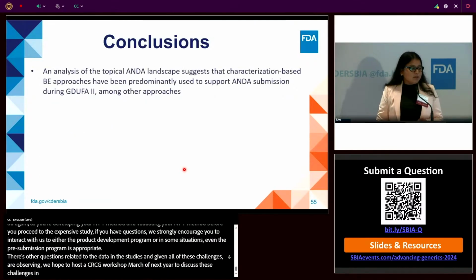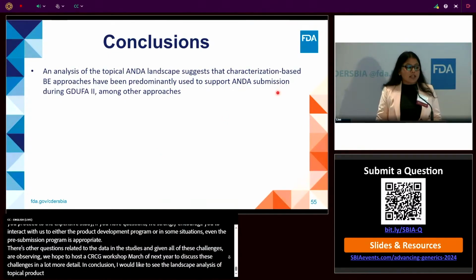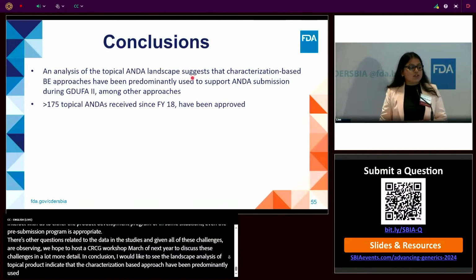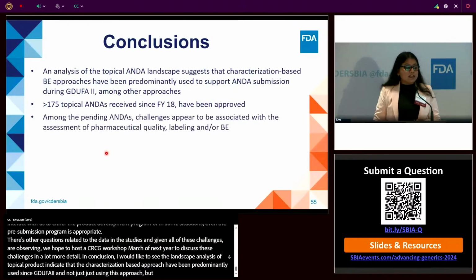So in conclusion, I would like to say that the landscape analysis of the ANDAs in the topical product generally indicate that characterization-based approaches have been predominantly used to support ANDA submissions since GDUFA 2. And overall, not just using characterization-based approaches, we have approved over 175 topical ANDAs since FY18. Among the pending ANDAs, there are challenges related to pharmaceutical quality, labeling, and/or BE.